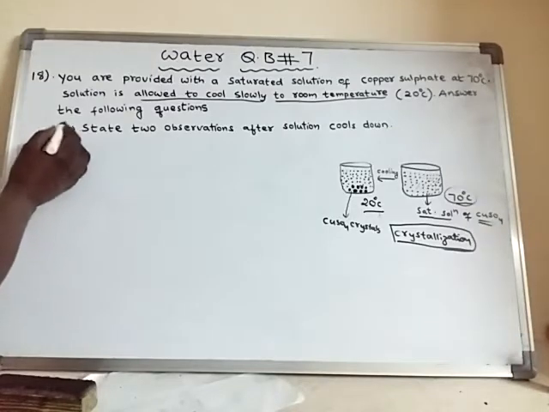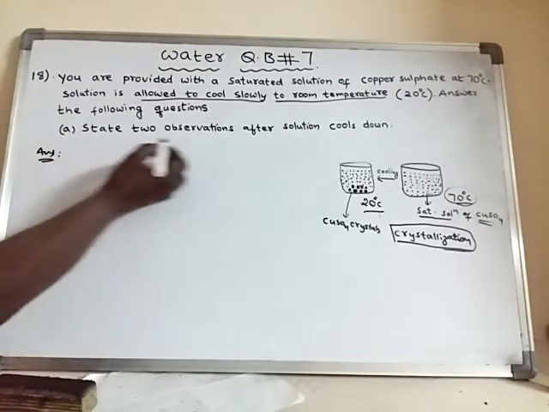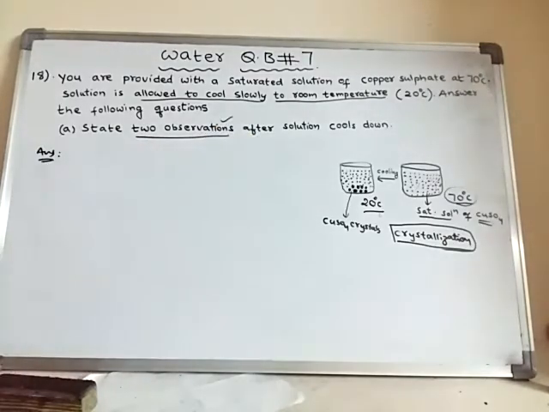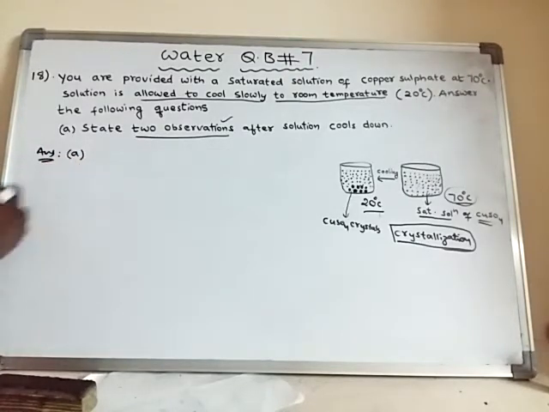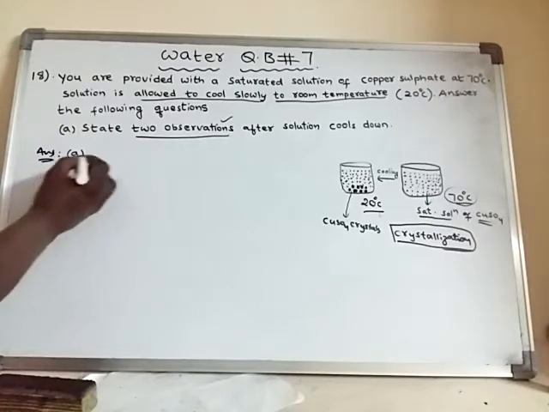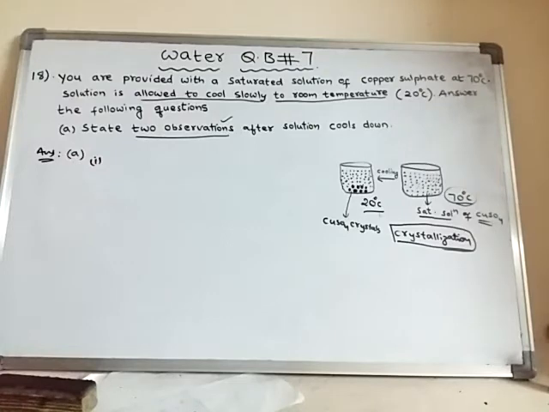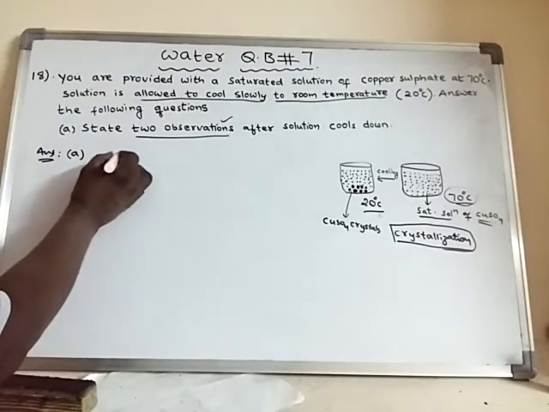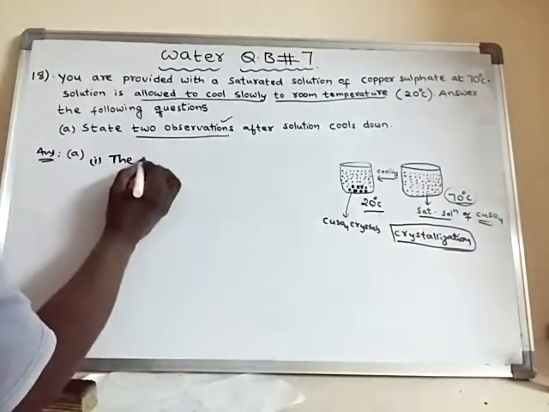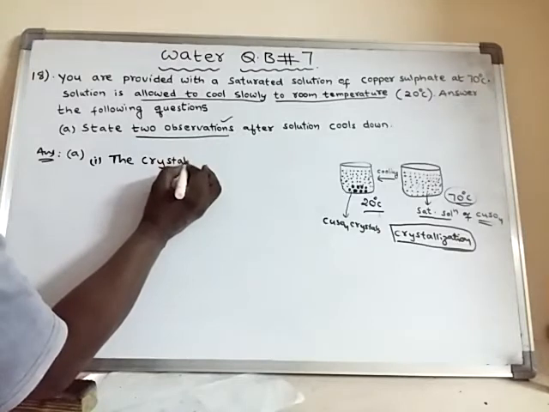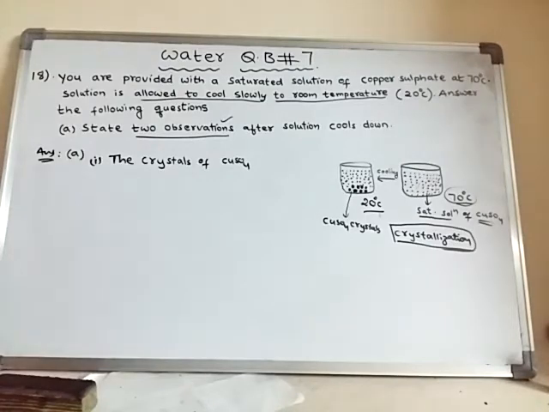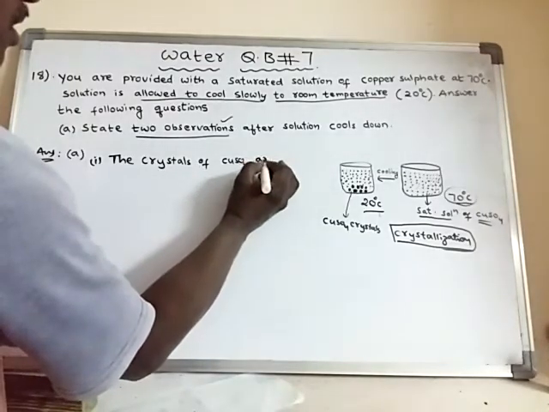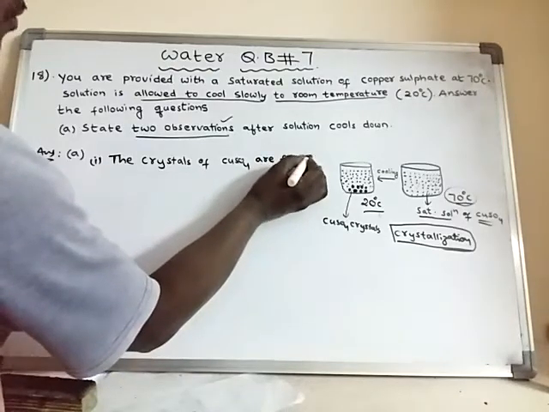So we have to write two observations. The first observation to question A is this: the crystals of copper sulfate crystallize out as the solution cools.